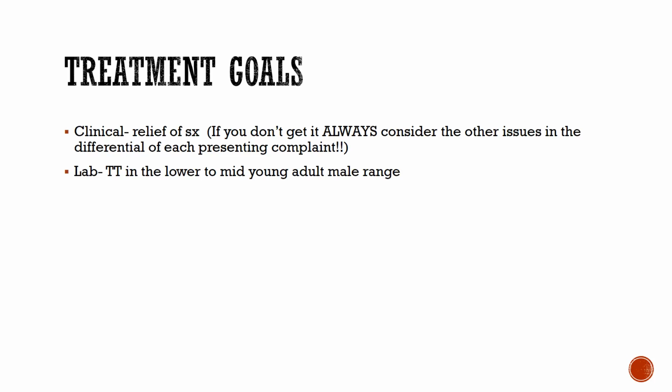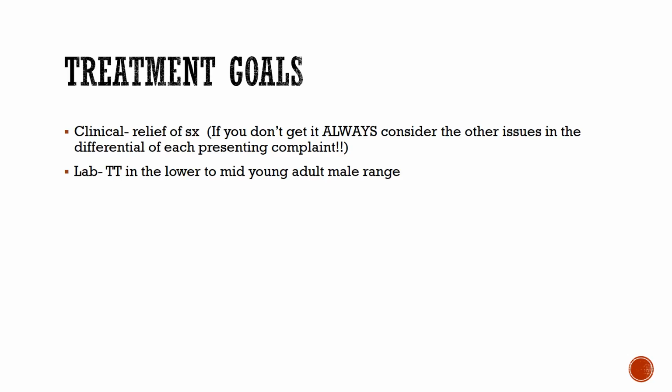Treatment goals, again, the literature usually says the total testosterone should be in the lower to mid young adult male range. Again, if we use a normal of 300, it should probably be above 400. But as I noted, some clinicians really do try to get even higher than that.